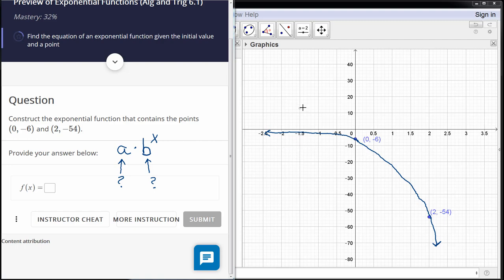The fun thing is once we find the answer algebraically, then we'll use GeoGebra to check our answer. I always like to see if I can guess what the answer is before I find it. And then when I find it, I can either say, hey, good job, I predicted it.